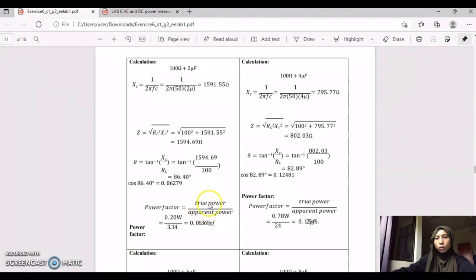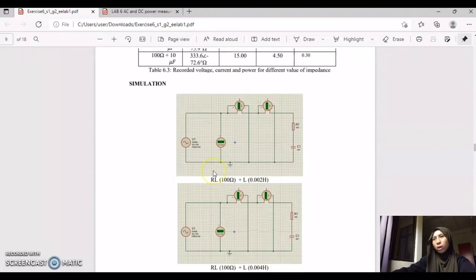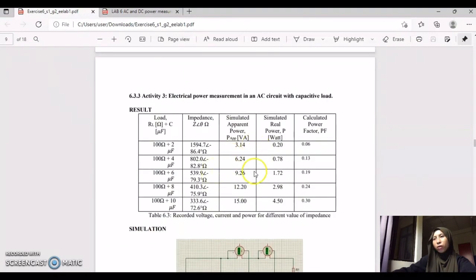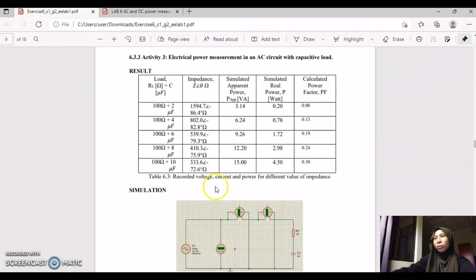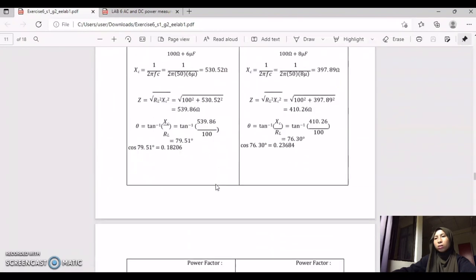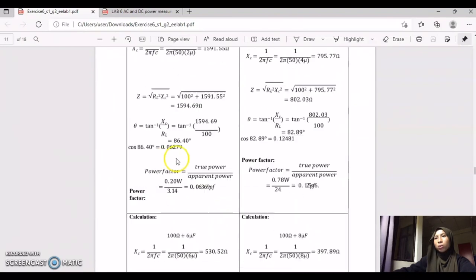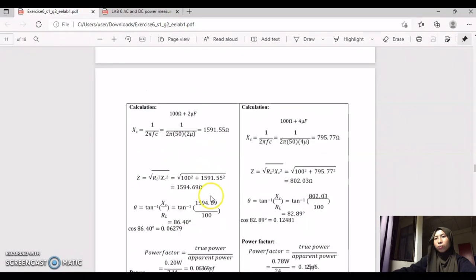The formula for power factor is true power, or real power, over apparent power. The real power and apparent power we get from the table, the simulated apparent power and simulated real power. We just use these values in the formula until we get the result.